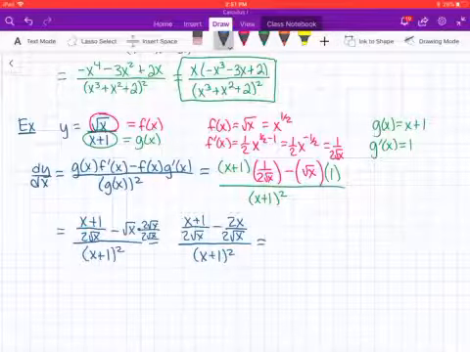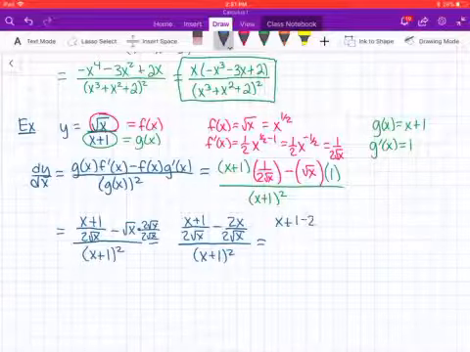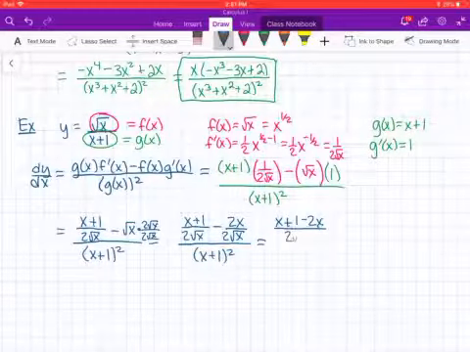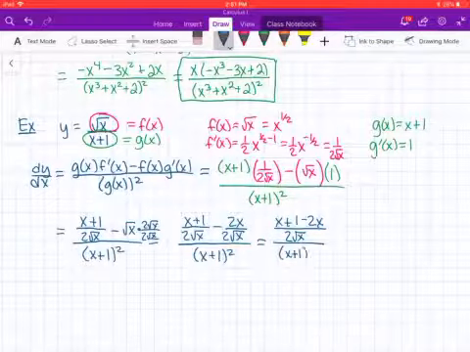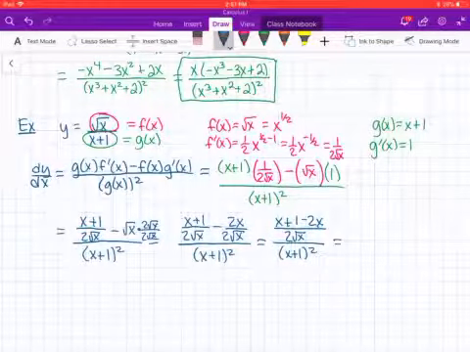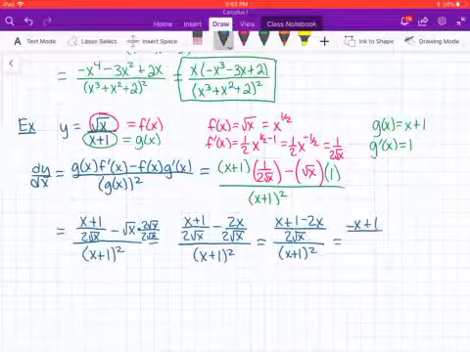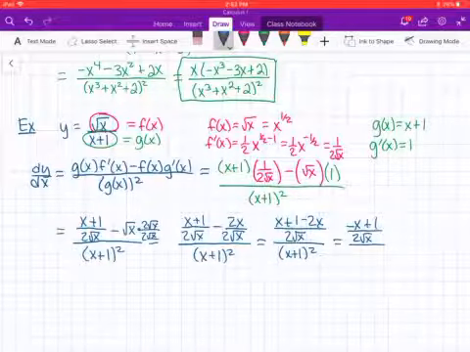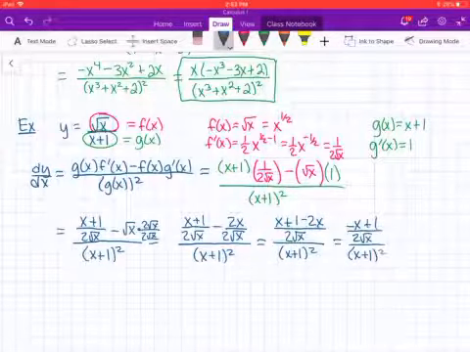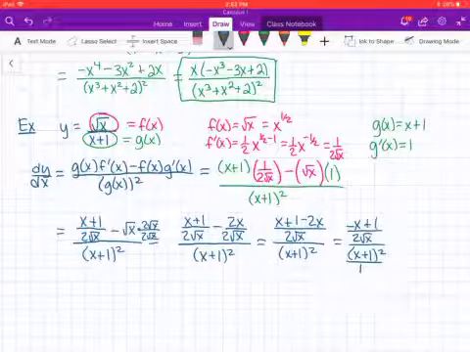So then up top, we got x plus 1 minus 2x over 2 square root x, over x plus 1 quantity squared. Then we got x minus 2x, so that's a minus x plus 1 over 2 square root x over x plus 1 quantity squared. Now it's a fraction over a fraction, so we're going to multiply by the reciprocal.